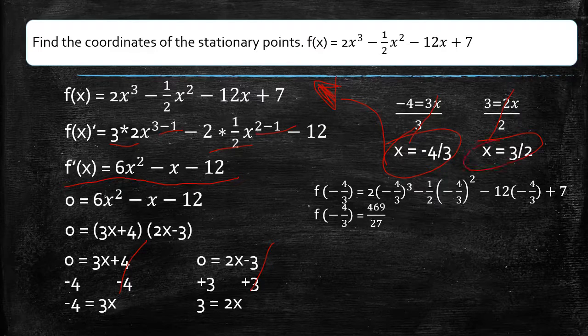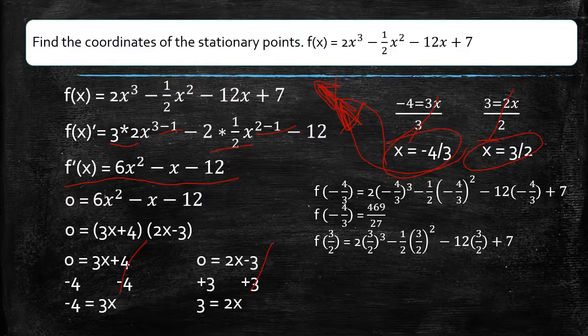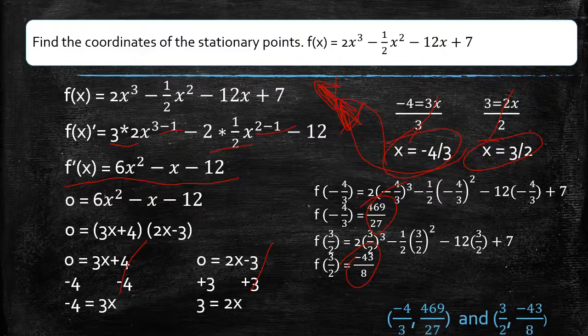Next, you're going to do the same thing with 3/2 and substitute it into your original function, f of x. Once you substitute 3/2 for x, you'll find that f of 3/2 is equal to -43/8. And so what we just found are our y coordinates.